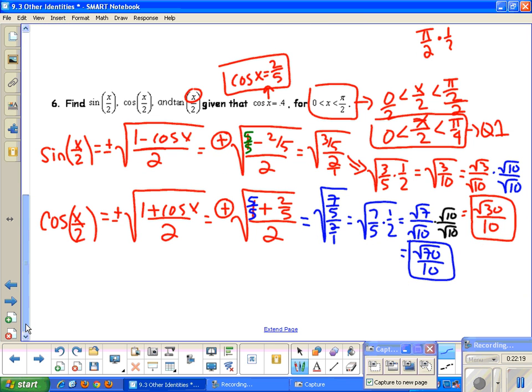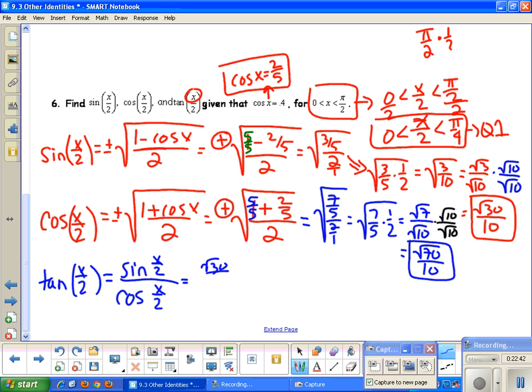Now, the last one I need to figure out is my tangent half angle. Well, if I know sine and cosine, that's easy to figure out because the tangent half angle would be equal to the sine half angle answer over the cosine half angle answer. So in this case, sine, my answer was root 30 over 10 divided by cosine, which is root 70 over 10.